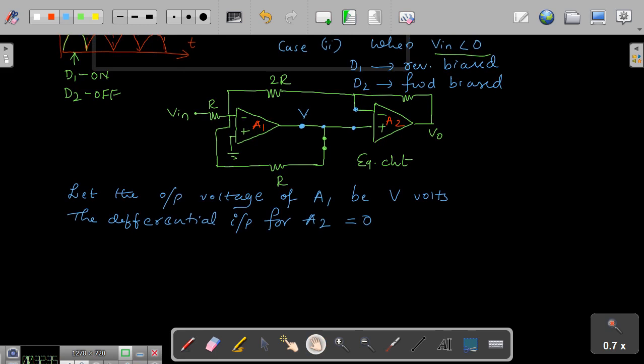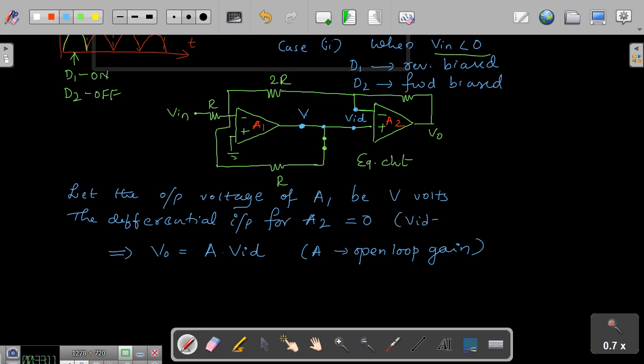So V0 is A into VID, where A is the open loop gain, as you know, and VID is the differential input voltage, which is equal to 0.